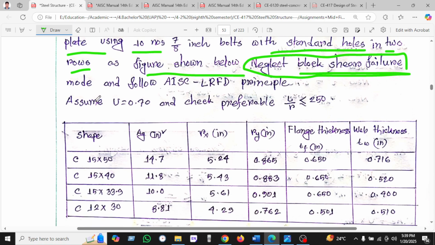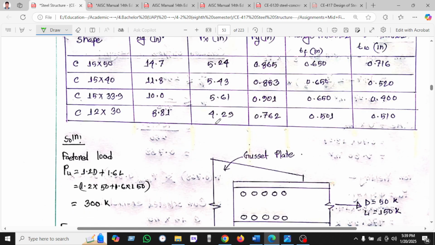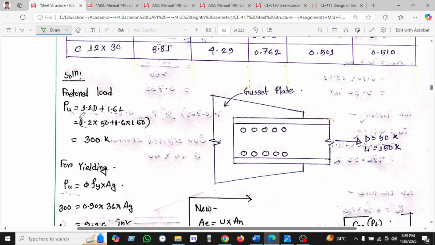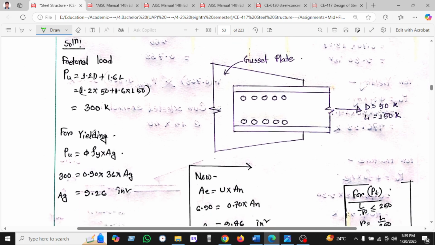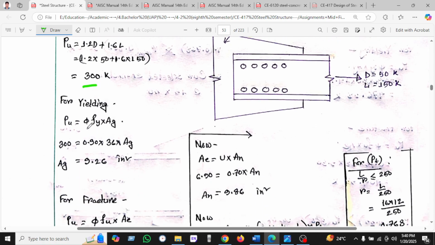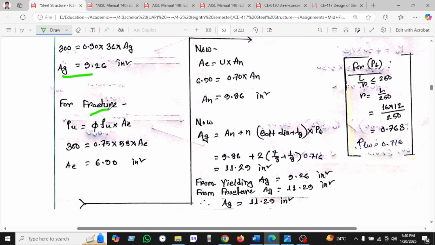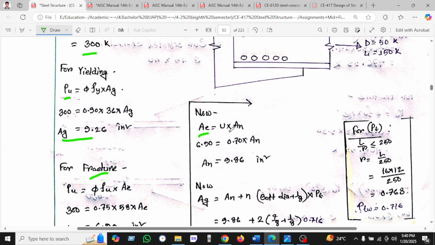We are taking another class on block shear, and following AISC LRFD principle, and assume U is given 0.70. We have to check L divided by r less than 250. So let's see here, the factored load 1.2 dead load plus 1.6 live load is given 300. For yielding we are using this formula and found AG equal to 9.32, and for fracture we found 0.6, 9. Now putting this value, Se and AG found 9.86.